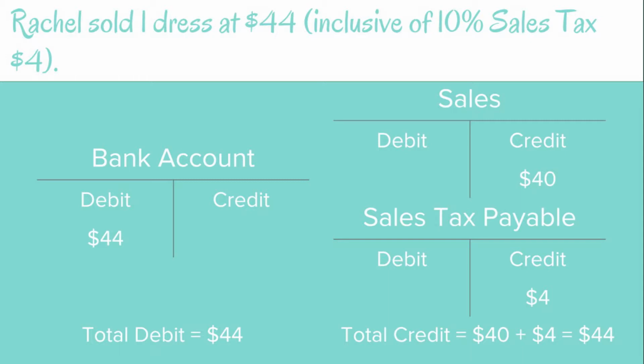The total debit is $44, very straightforward, it's just one account, while her total credit, the sales account and also the sales tax payable, which is $40 plus $4, equals a total credit of $44. So the total debit and the total credit still remain the same at $44.